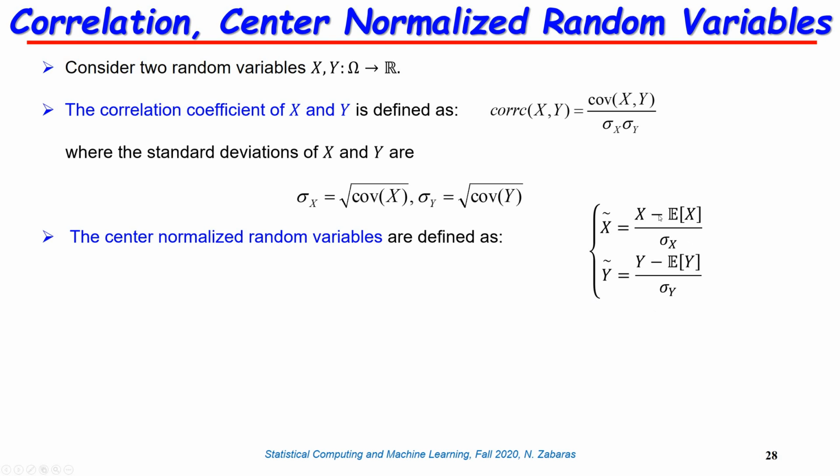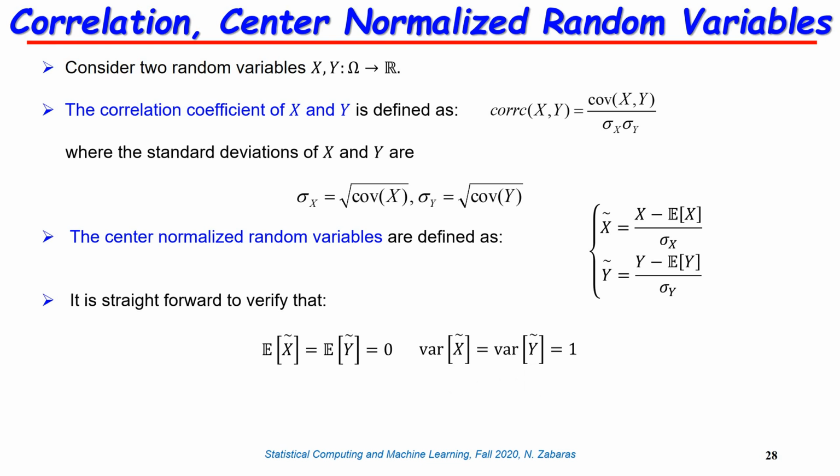And immediately you can appreciate why you want to do normalization of the data like that. The reason has to do with the fact that now the expectation of this curly x and curly y is equal to 0, and also the variance of both these new x and y variables is equal to 1.